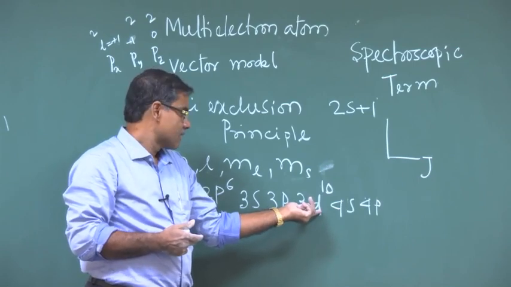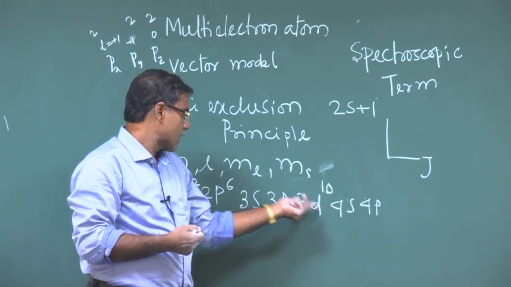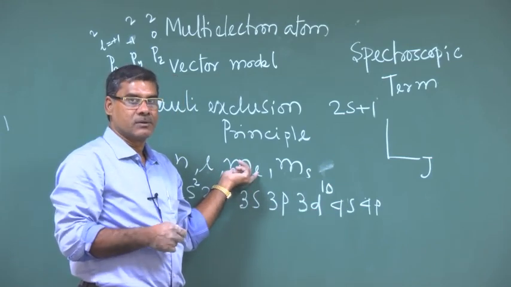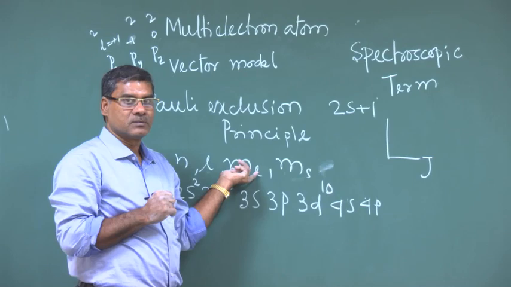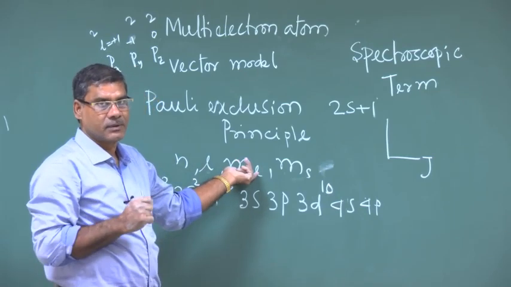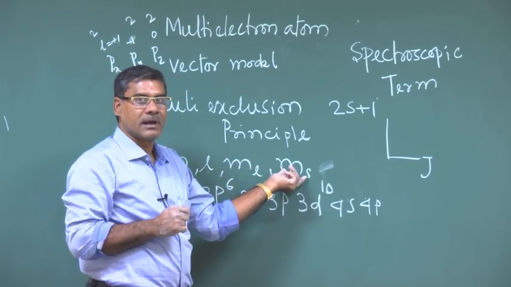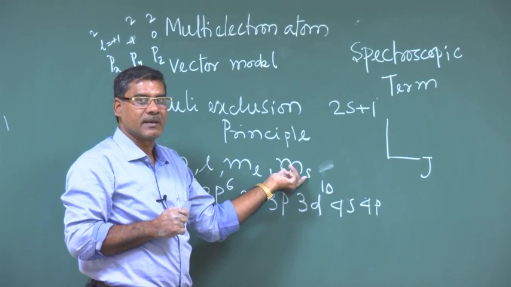Now when L equals 2, ml will have 5 values, 2l plus 1, so plus 2 to minus 2, and for each it will have ms plus half and minus half.